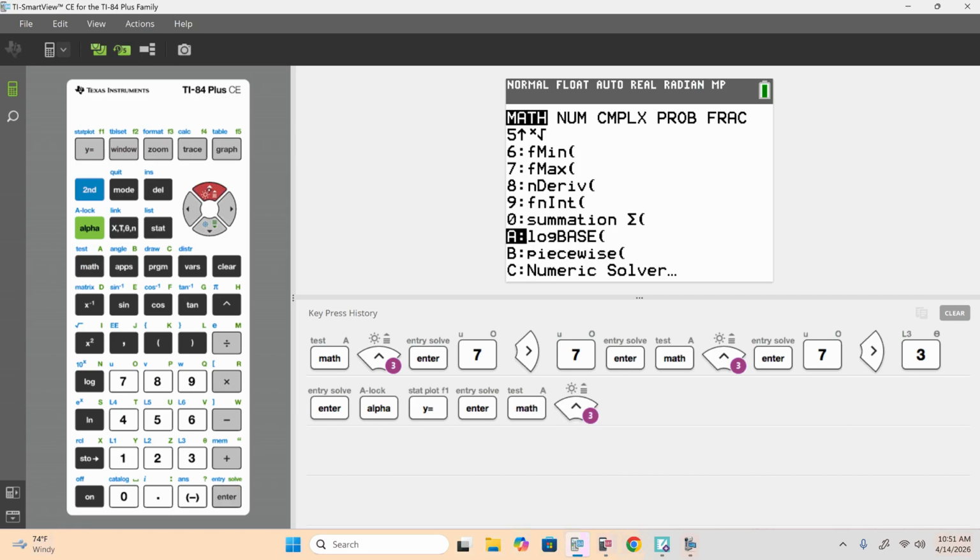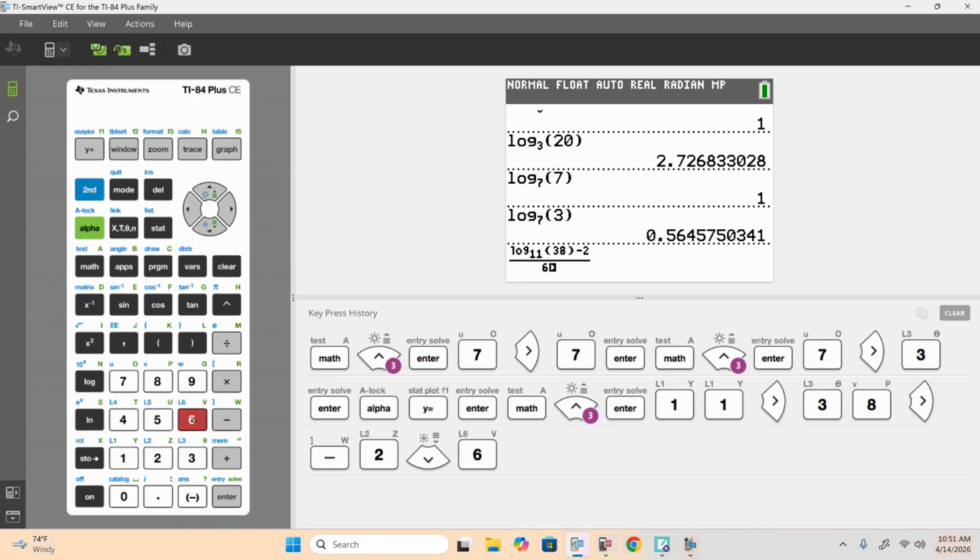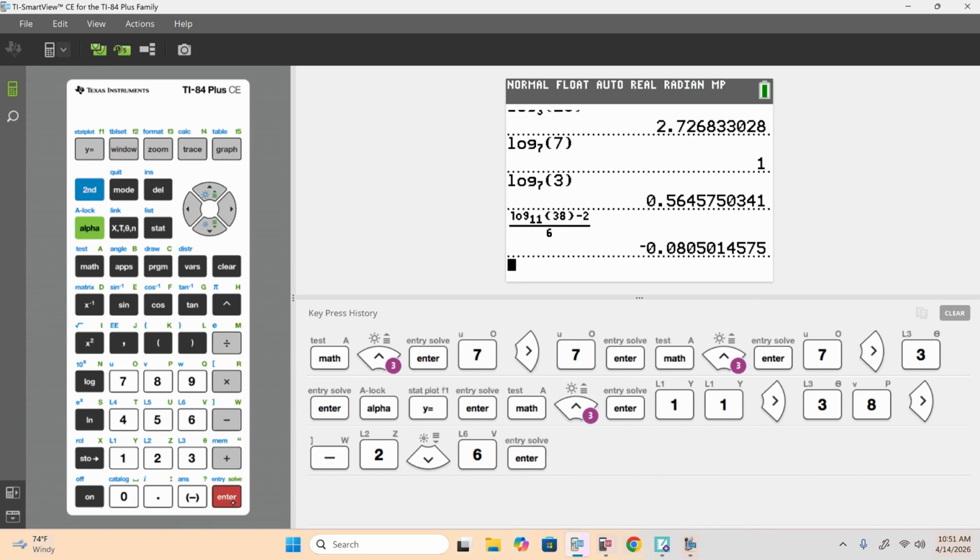Math. Log base 11 of 38 minus 2 over 6. So it tells us that x is approximately negative 0.081.